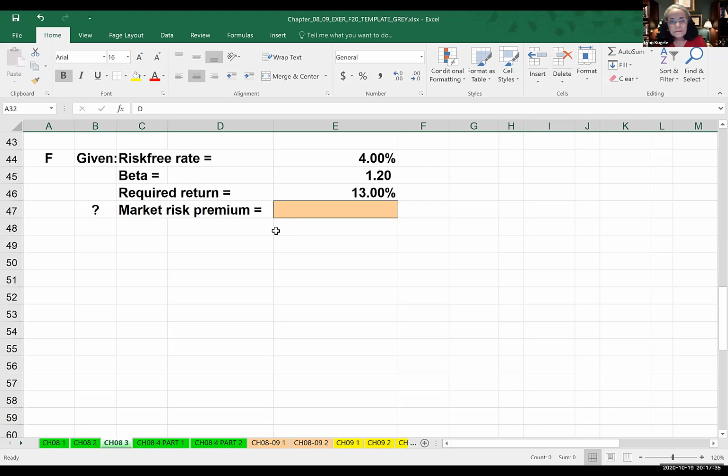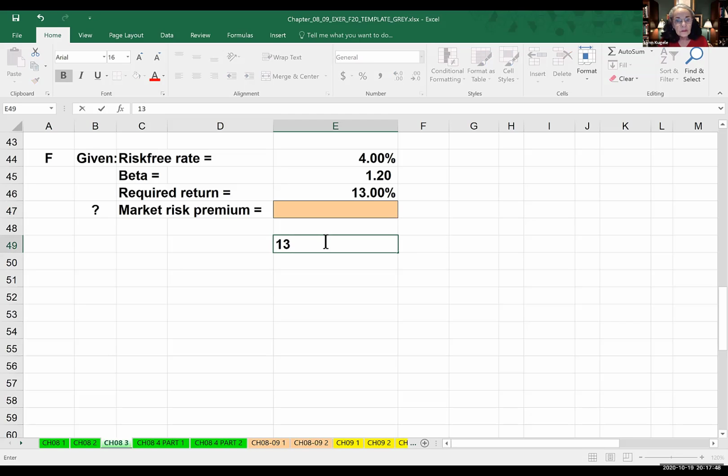Okay, you're given the required return, beta, and the risk-free rate. You want to solve for the market risk premium. Same thing. You want to set it up so that I can do some of it. Maybe 13% is equal to 4% plus risk premium on the market times 1.20.